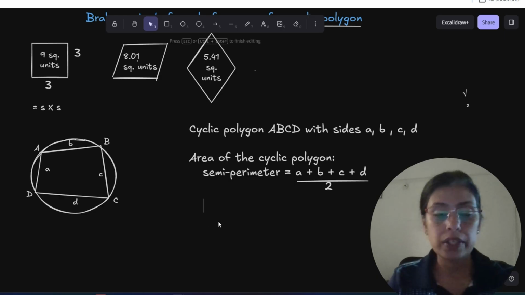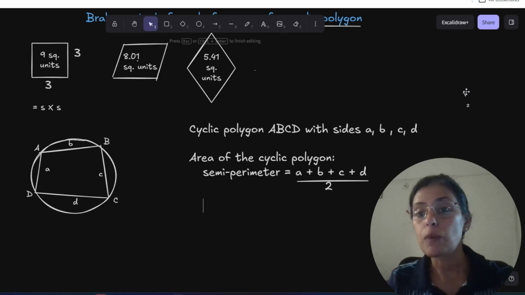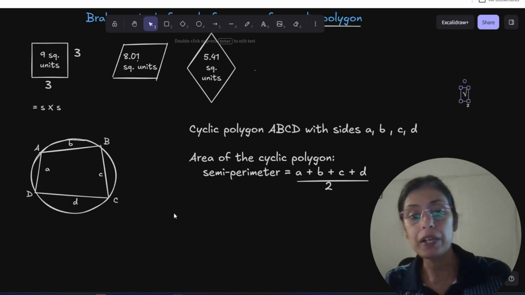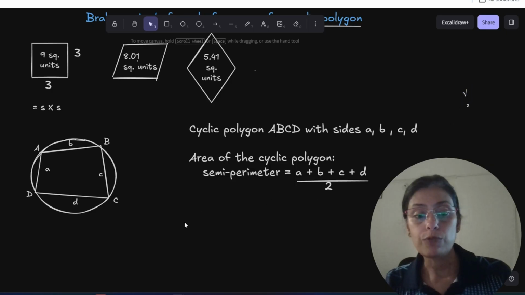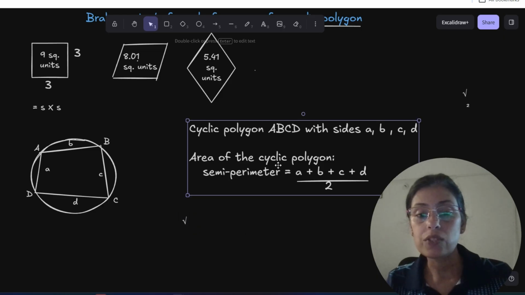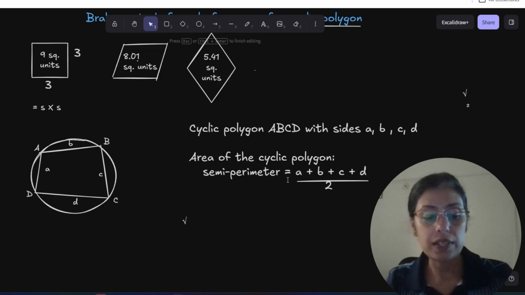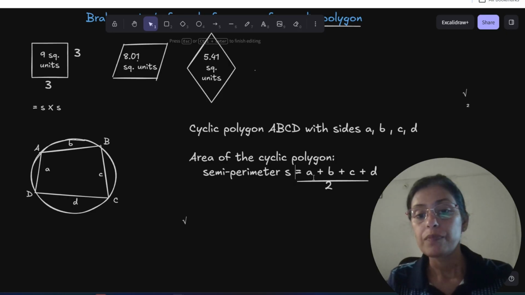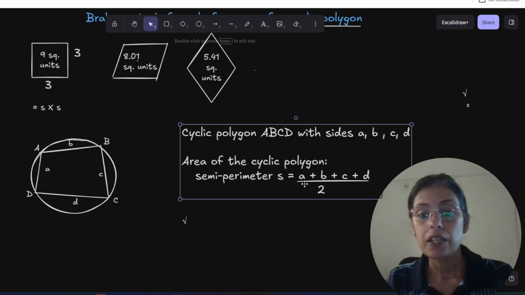So now the area will be, it looks somewhat similar to Heron's formula, with a slight difference. The semi-perimeter is called S, as we did in Heron's formula.